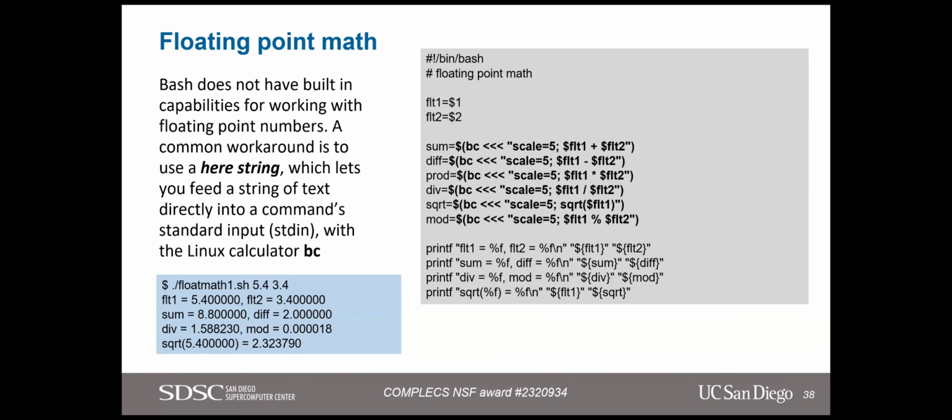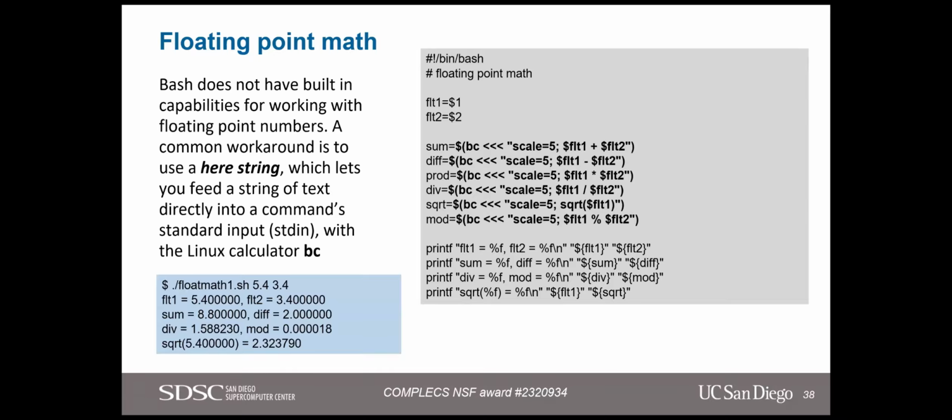However, we can handle floating point math. Since Bash only performs integer arithmetic, you're going to have to pipe your math into the basic BC, which stands for basic calculator, and that's going to allow you to handle decimals. The important thing is that you need to include this scale variable, and it's going to tell BC how many digits to keep. So what it specifically does is it sets the position of the output to 5 decimal places.